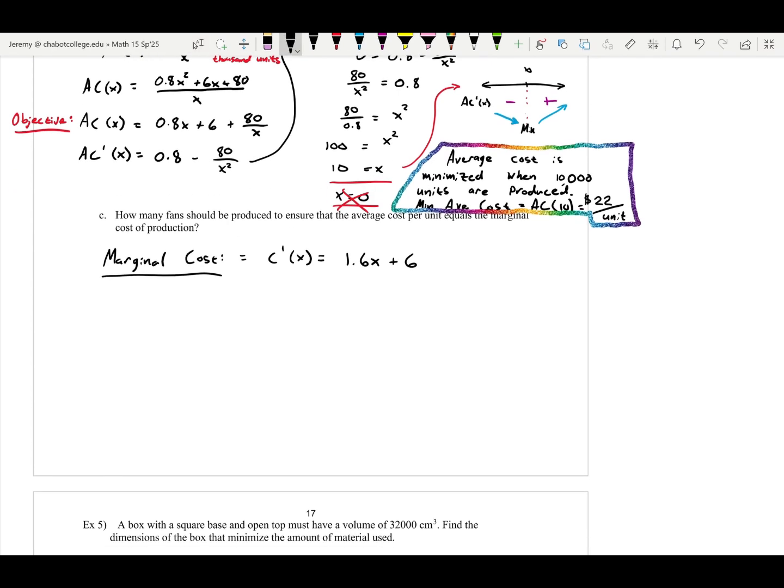So if we want to ensure that the average cost per unit is equal to that marginal cost, we just want to set this marginal cost, c prime of x, equal to that average cost per unit of $22 per unit.